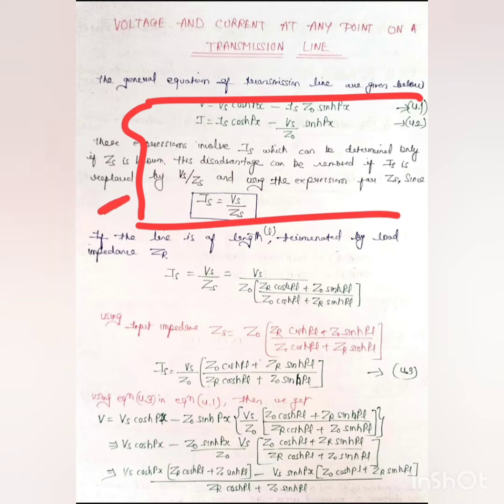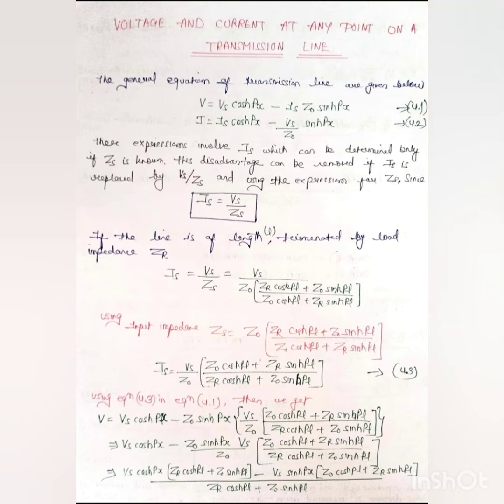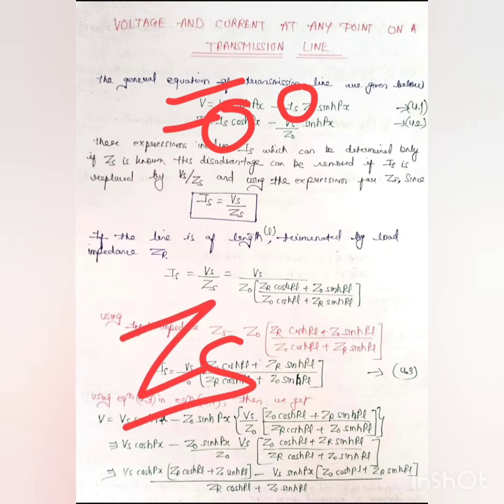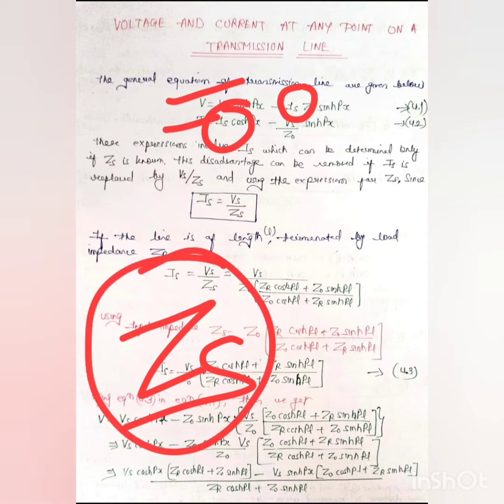At the sending end, we need to find the voltage and current equation. From the above equation, in order to calculate voltage as well as current, we require the value of Is, and this value is determined only when we know the input impedance Zs. This is the disadvantage, because the Is value needs to be calculated directly.